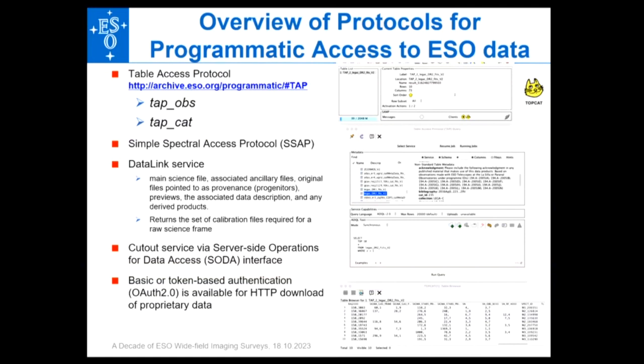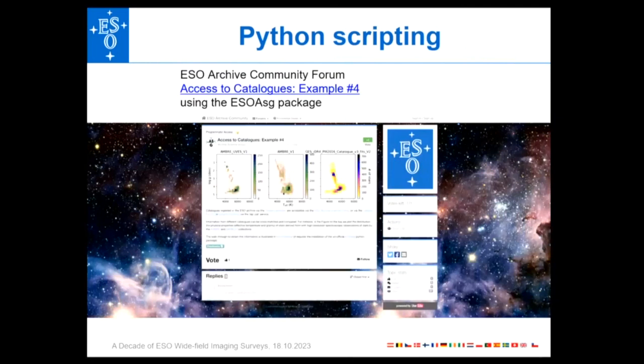You can have full access to the programmatic VO layer, let's call it like that, where through standard protocols, and also there are, of course, Python APIs that make things much simpler, but still very powerful, you can access the data and the metadata and treat them to do whatever it is that you want out of them. So this is then the Python script.